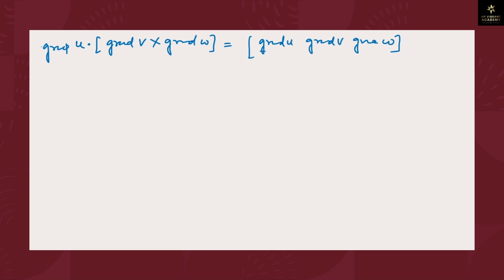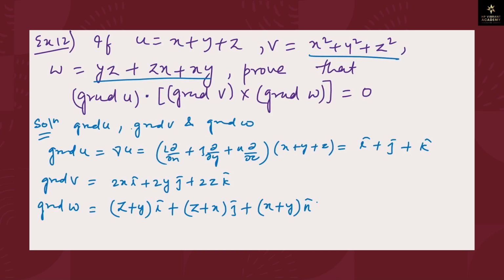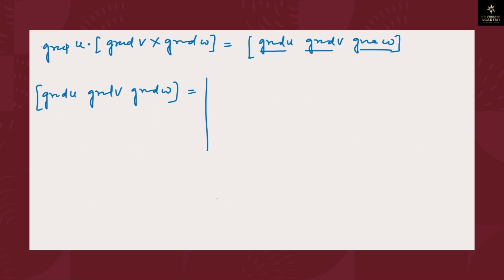So this is nothing but the coefficients of all these in a determinant form. Let us write down the coefficients for gradient of u, gradient of v, and gradient of w in the scalar triple product. Gradient of u is i cap plus j cap plus k cap, so the coefficients are 1, 1, and 1.